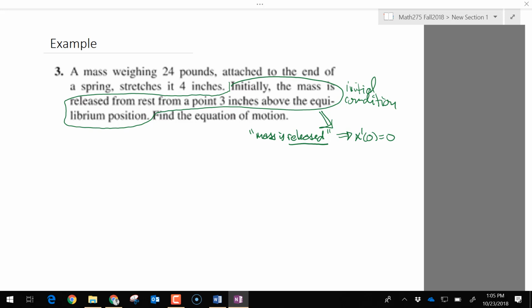And now, where did you release it from? The position, you're 3 inches above the equilibrium. And again, above and below gives a negative and positive. So above is negative, below is positive.